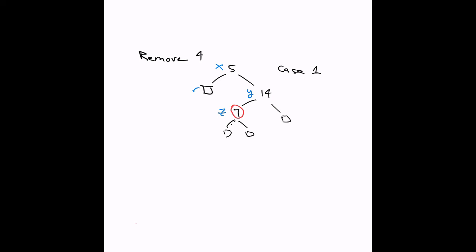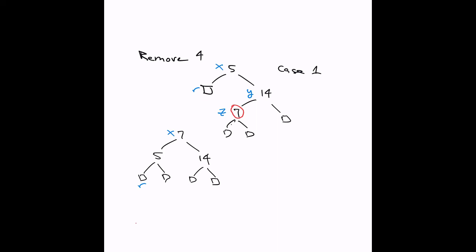So we're going to save X's color, which is black, and now we're going to restructure, and that is going to become the new Z. So when we restructure, 7 will be the root of the new tree, 5 will be the left child, 14 will be the right child, and then they just have external nodes. Here's X, here's R, and so now we set X's color to black, it already is.